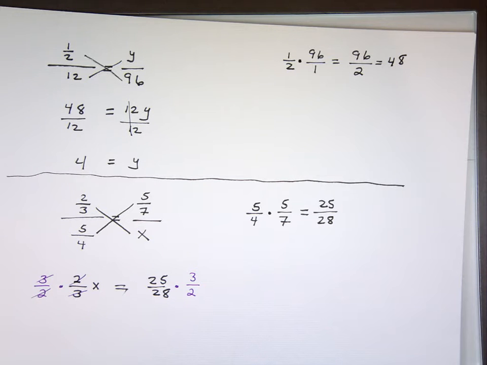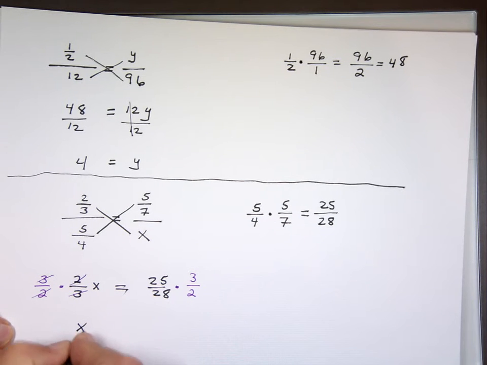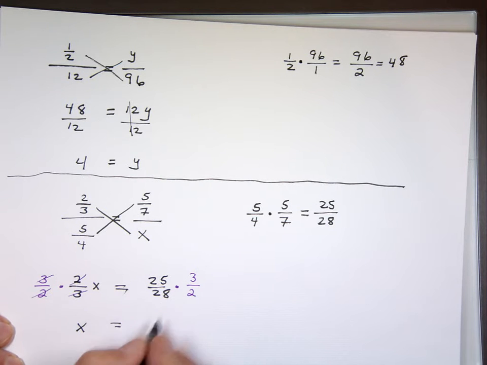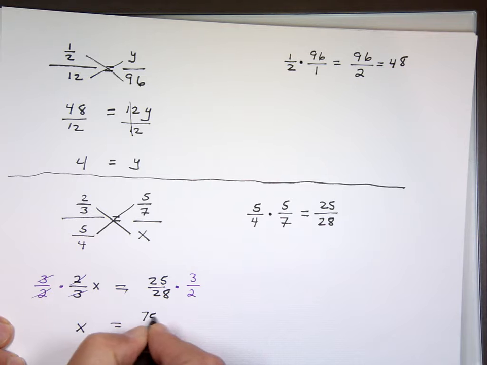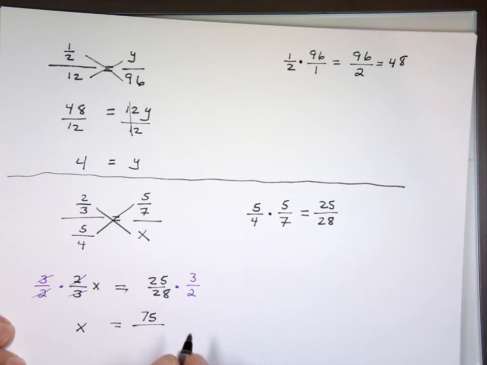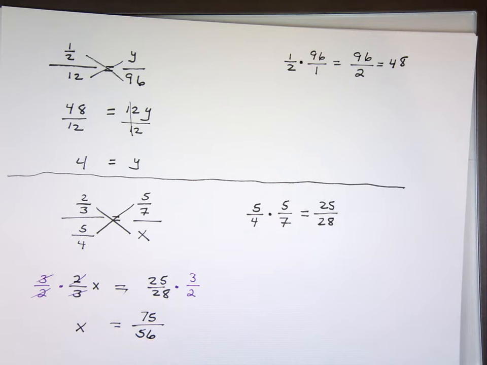X equals. It doesn't look like anything simplifies. 3 times 25, which is what? 75. 2 times 28, is that 56? And that's your simplified fraction.